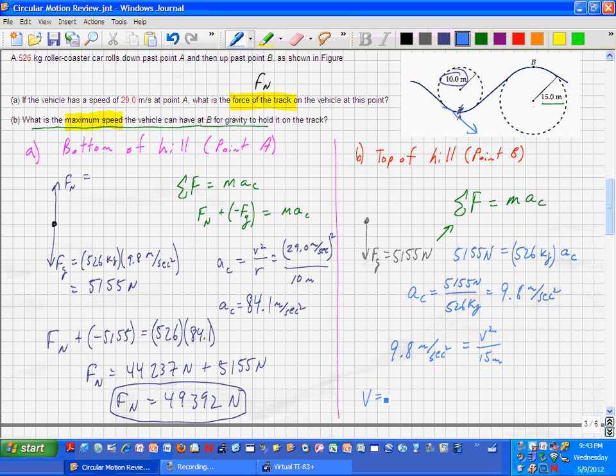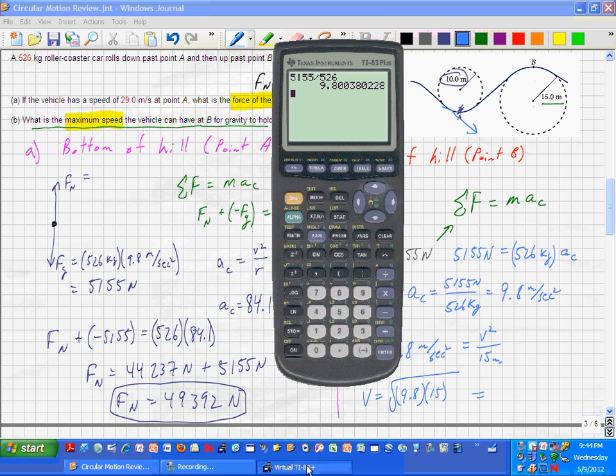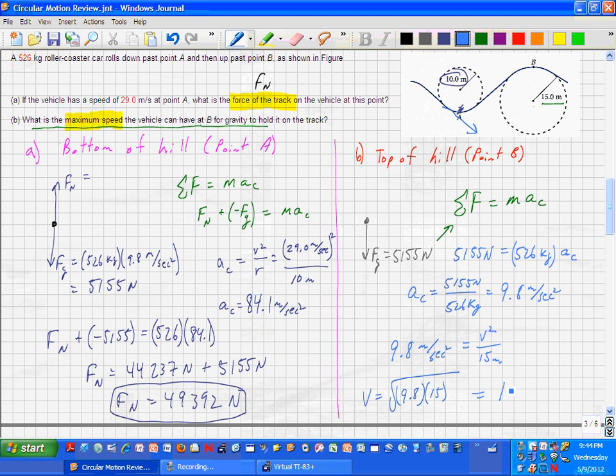So v is equal to the square root of 9.8 times 15. 9.8 times 15, and then we take the square root of the answer, and we get 12.12 meters per second.